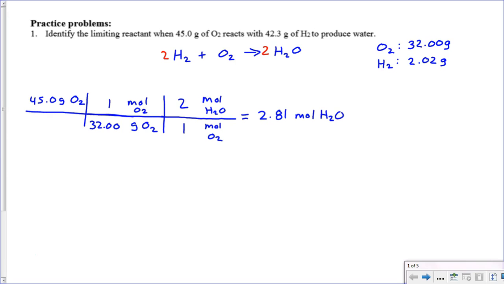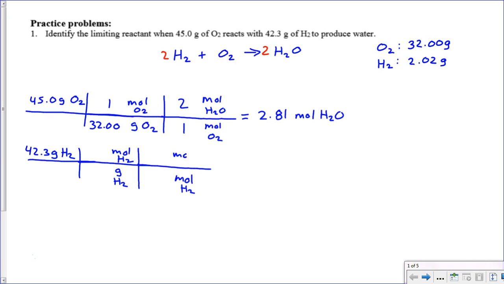Now we're going to go with hydrogen. Hydrogen, we've got 42.3 grams of H2. All right. In a similar process, we want to cancel out grams of H2 and get it into moles of H2. All right, and then we want to cancel out moles of H2 and get it into moles of water.